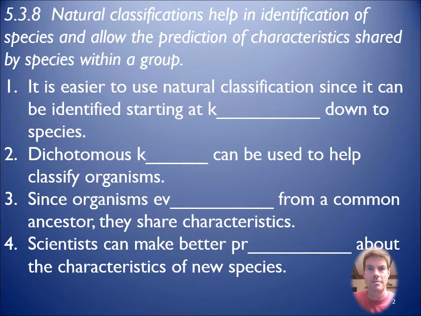So this idea of natural classification, hopefully if you do it right, you can predict characteristics. And you classify from kingdom down to species. What we can use are dichotomous keys to help classify organisms. We're going to make one of those ourselves pretty soon.